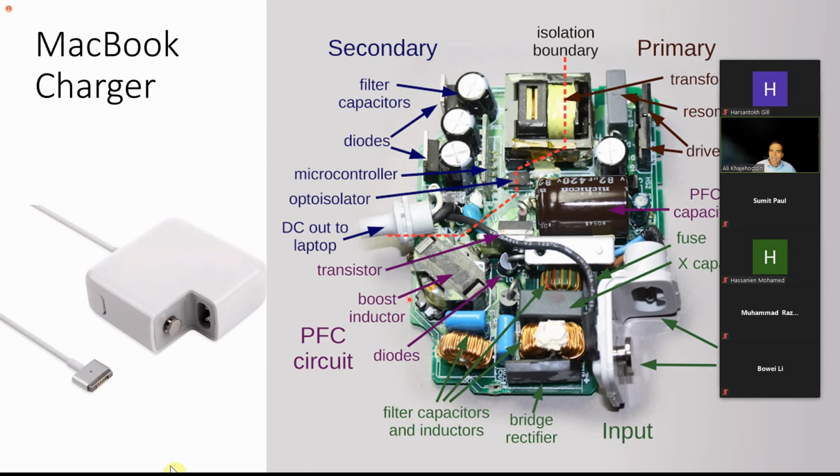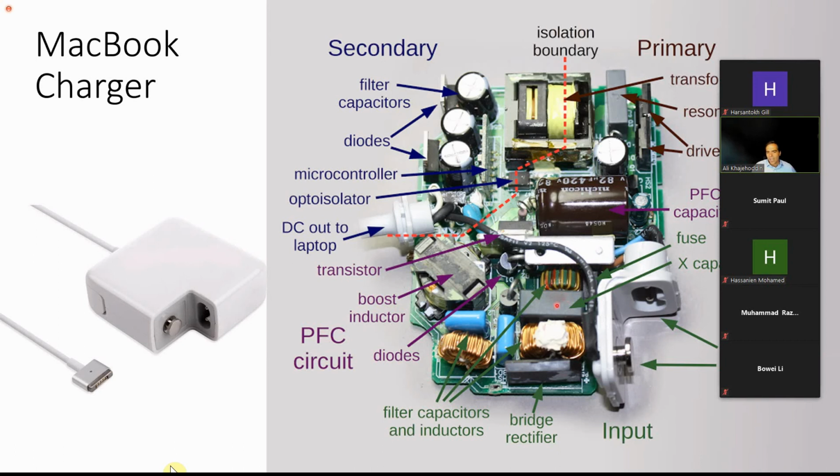But inside, you're going to see all those stages that we described. So you connect it to AC here, and first you have some EMI filter, to make sure that because of the switching actions happening inside, it doesn't create noise that goes to other devices and creates problems for them. That's EMI, electromagnetic interference filters.